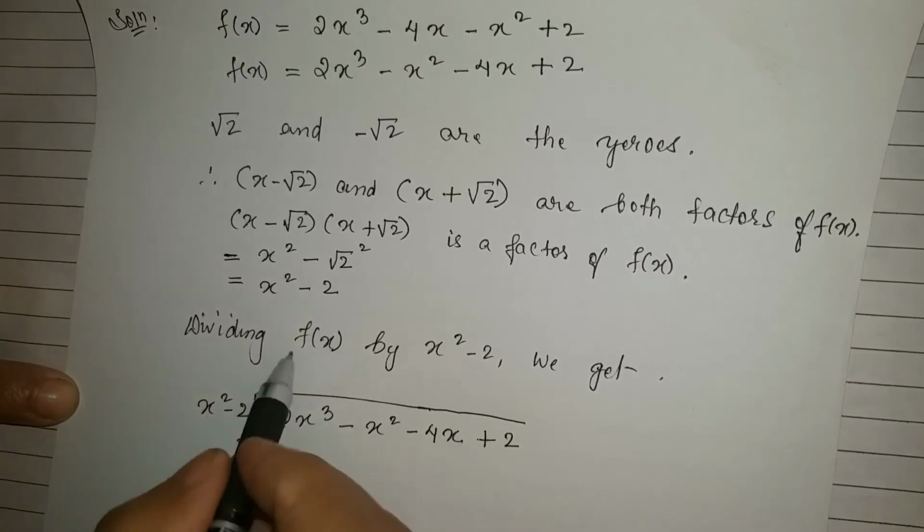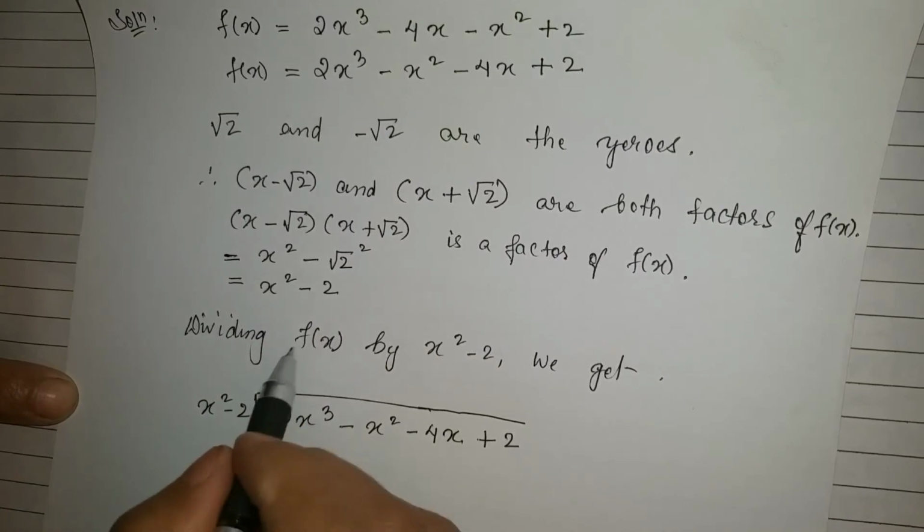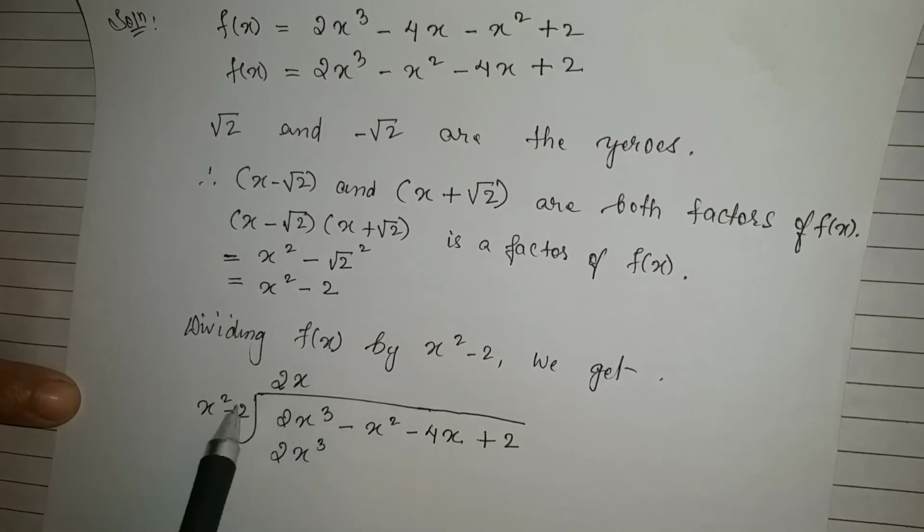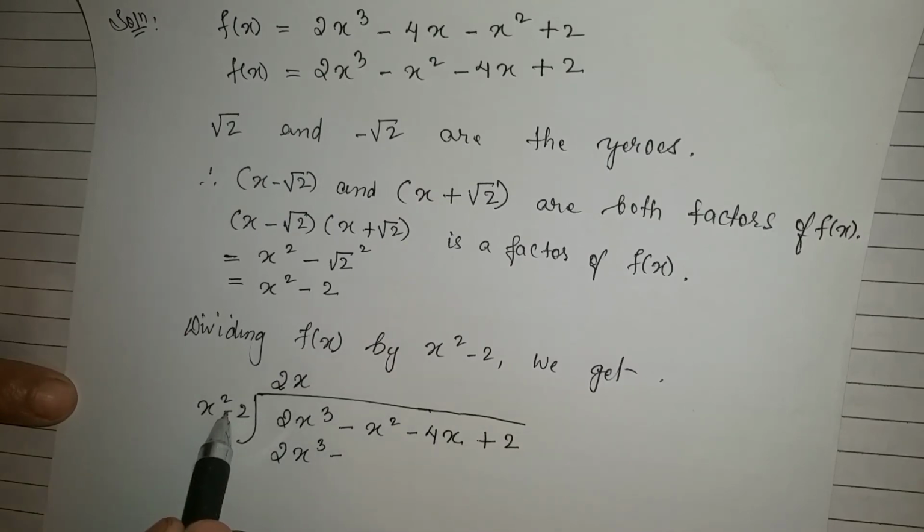So what is that term? If we take 2x, then x square into 2x, we get 2x cubed. Our next step is we multiply minus 2 with this 2x, we get minus 4x. Let me put it here minus 4x, since this is x.